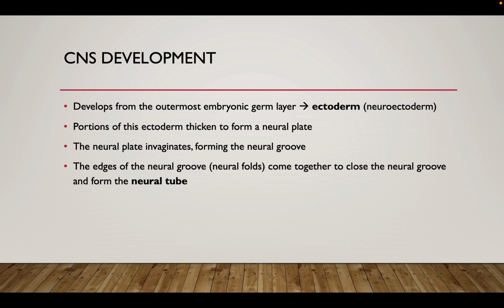It doesn't make a complete circle or tube. Once the two edges of the neural plate come together and fuse, we change the name from neural groove to neural tube, because this tube is now a complete circle, completely enclosed and no longer open.